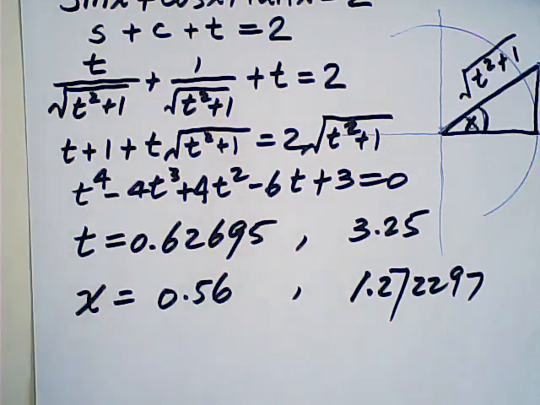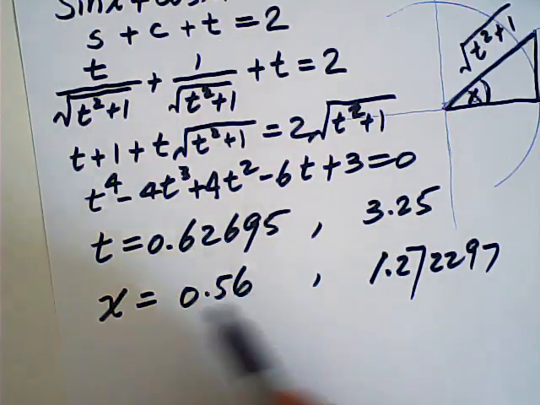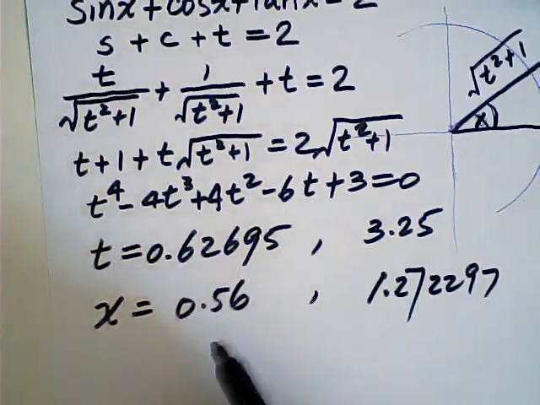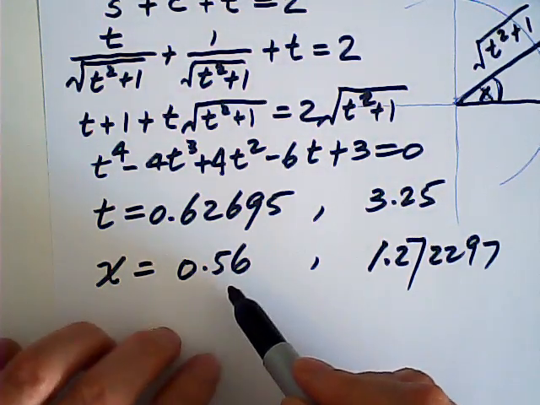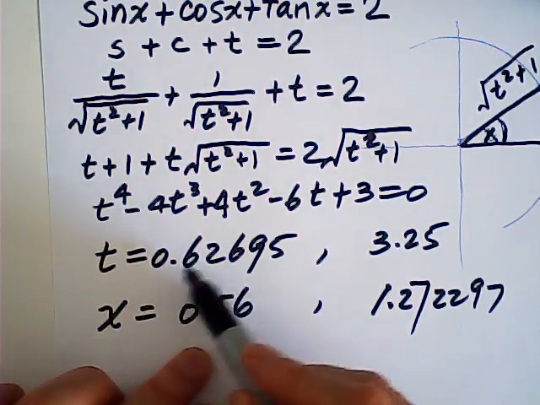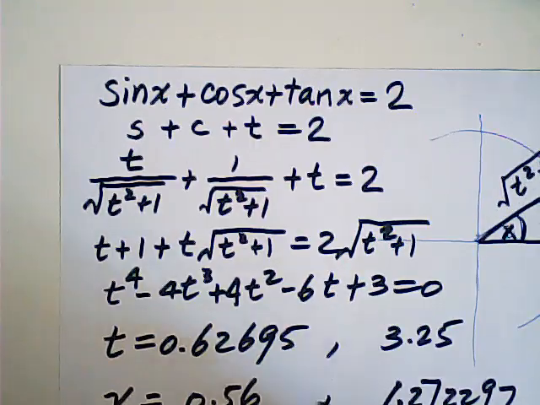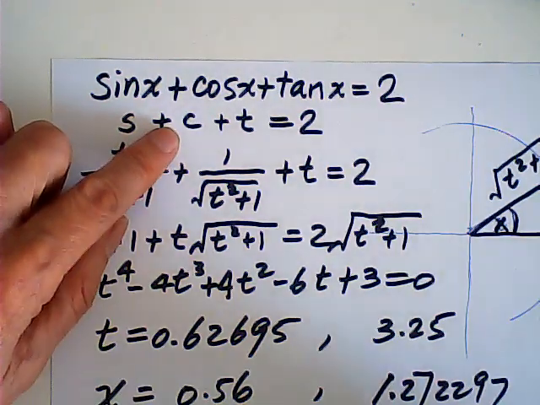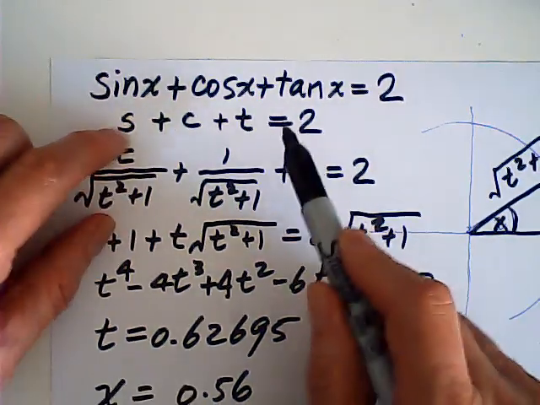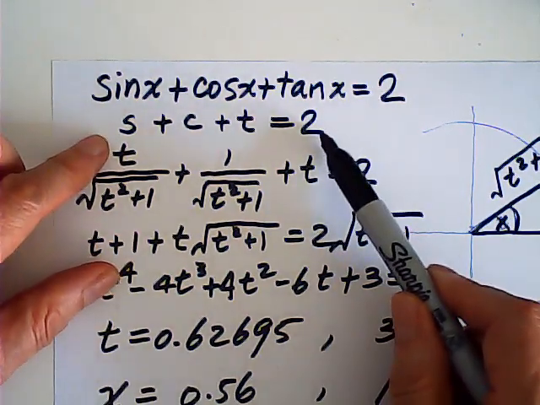Now, here there's a question. These two angles are in the first quadrant. This one is possible. Why? Because tangent is 0.6 something. So sine and cosine, you can have positive values to make it 2.